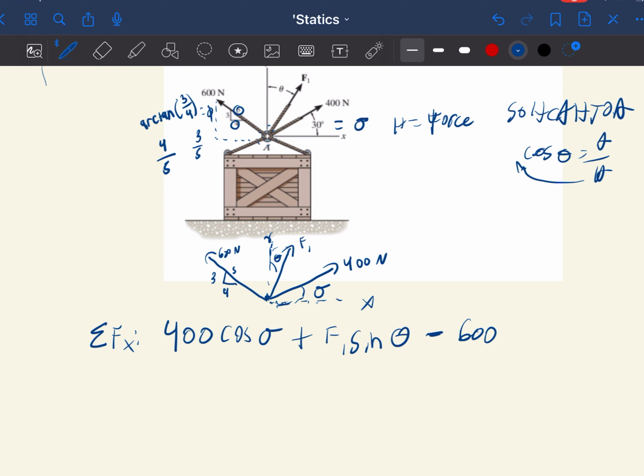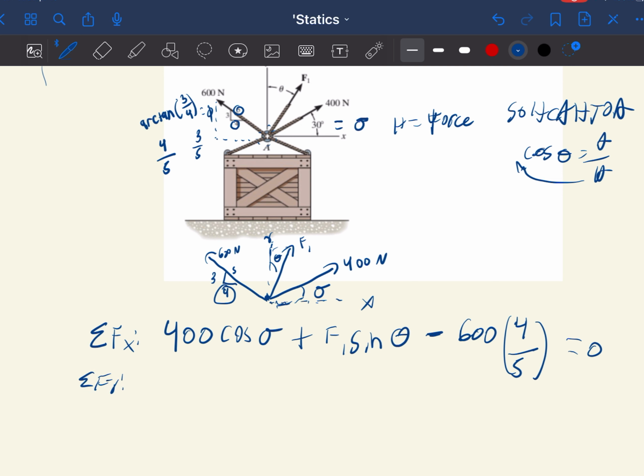And how do we get that angle using the 3, 4, 5 rule? As I explained before, we take the side, so the 4, because that's the x side here, and divide that by the hypotenuse, and that gives you your component in the x direction. Now, in the x, it's not moving, so it's equal to 0. So now we're going to do the sums of forces in the y.